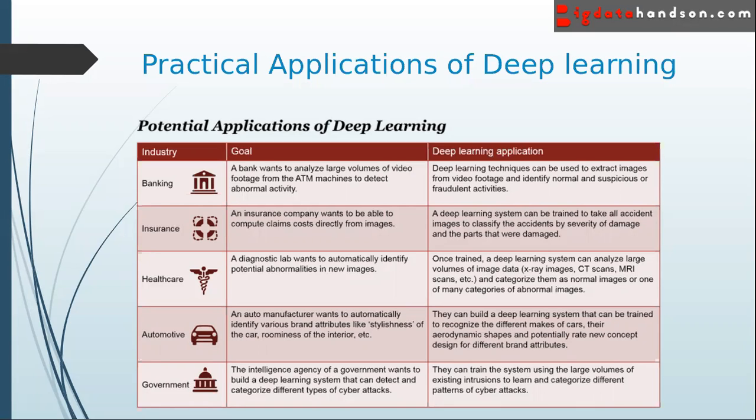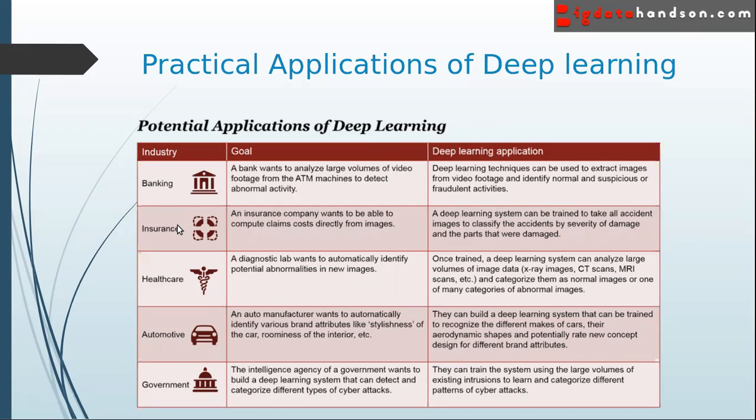So it's a large number of features, and our machine learning model can't handle that type of data. So when you have image type data, we use deep learning only. That's why here we analyze the large volume of video footage from ATM machines to detect abnormal activities using a deep learning application.